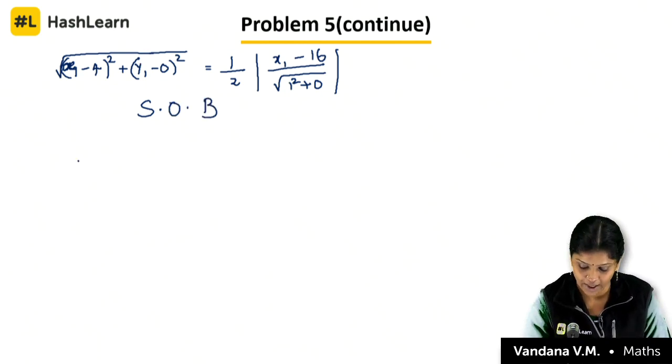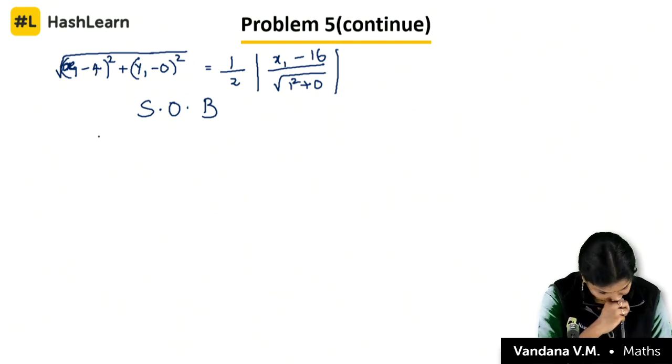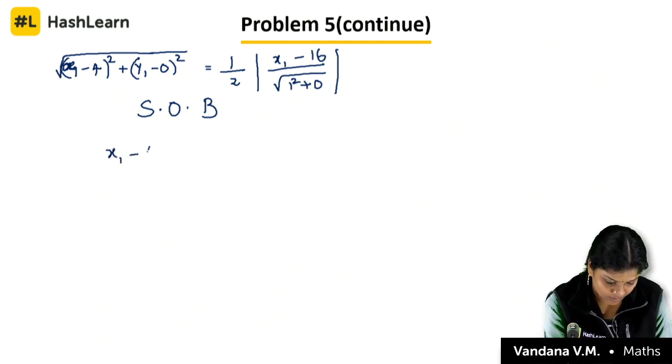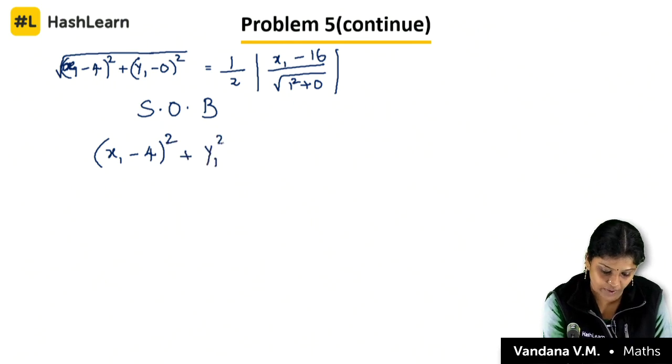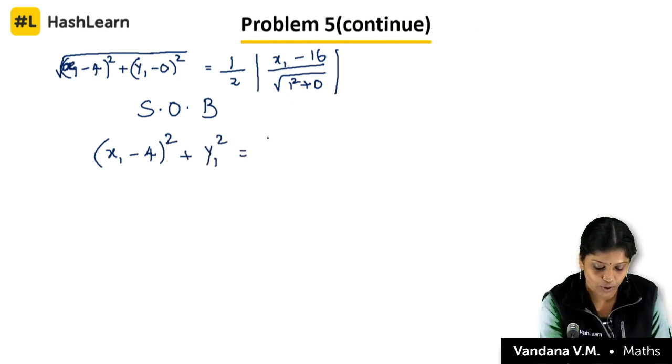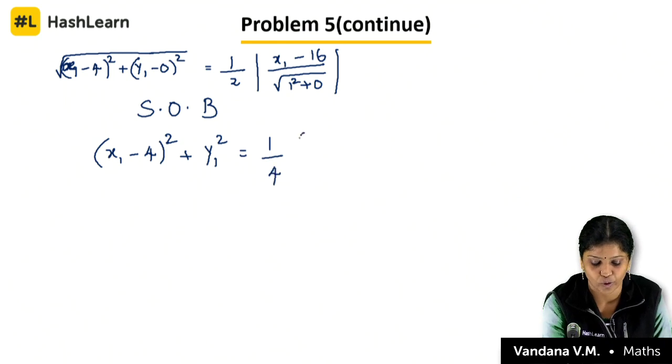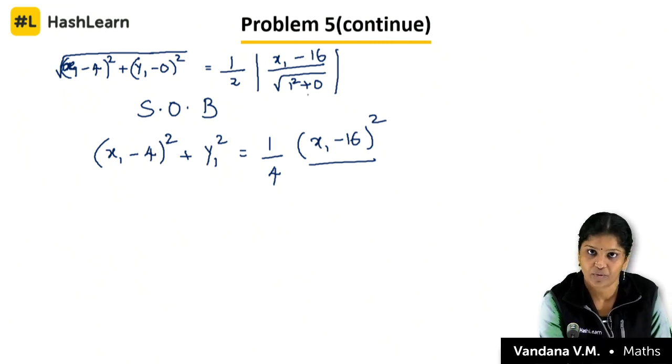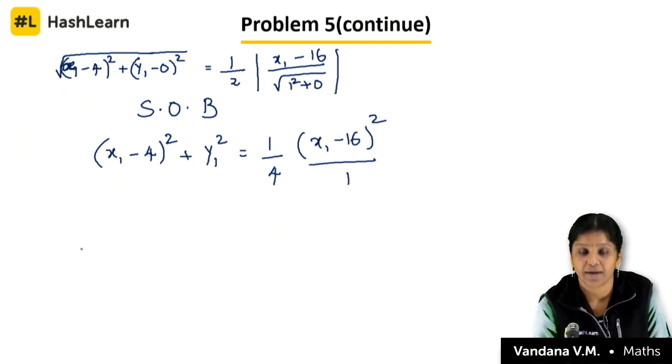If I do that, I will get the equation as x1 minus 4 whole square plus y1 square is equal to 1 by 2 whole square, which is 1 by 4, into x1 minus 16 whole square by root 1 square, which is root 1. Root 1 is 1 only. So, I will write that.